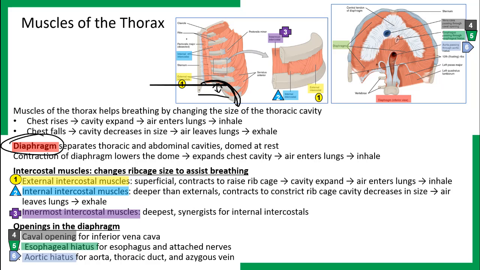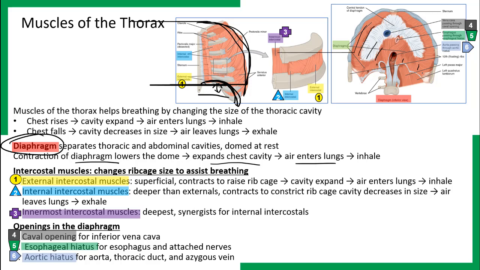And so what happens is when the diaphragm contracts, the dome gets lowered, and then the overall volume of air that can be contained in your chest cavity increases. Air enters into the lungs, and this is called inhalation. Right? So you see over here, this is the diaphragm when looking from the inferior side.